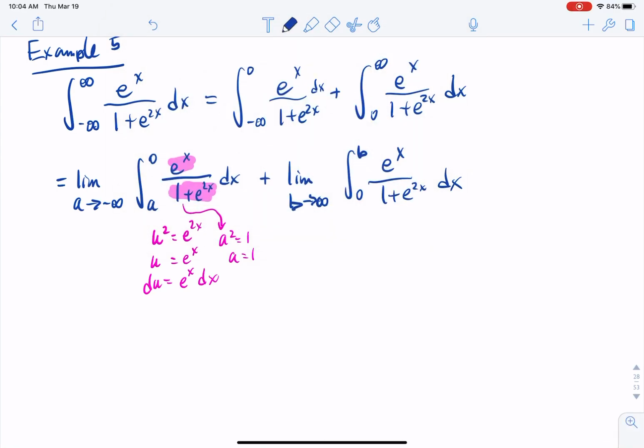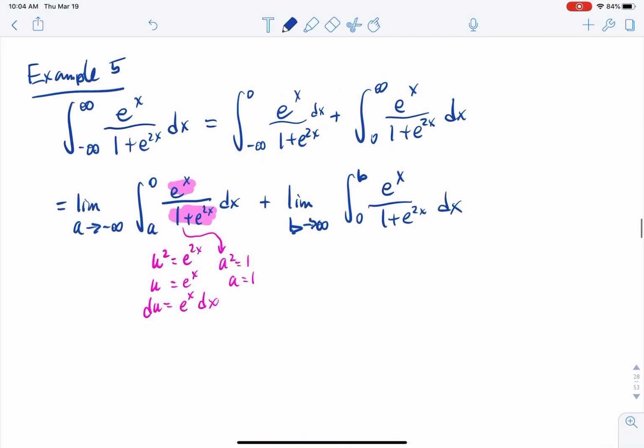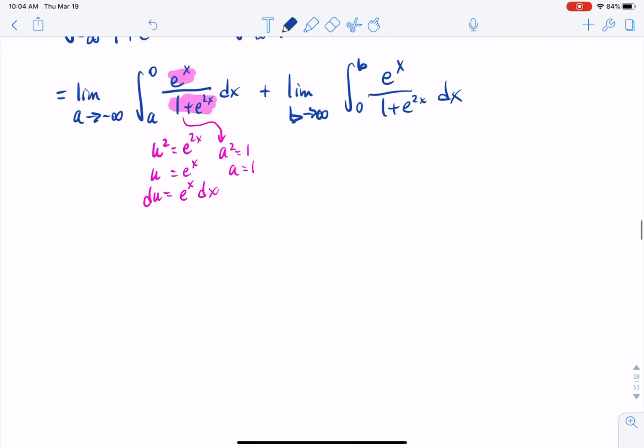It does take a bit of practice for you to recognize that that's the kind of thing that we're looking for as far as an antiderivative goes. All right, so rewrite our limits. The limit as a goes to negative infinity of the arctangent of e to the x, so it's arctangent of u over a.